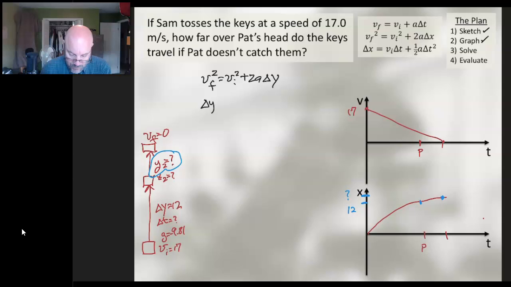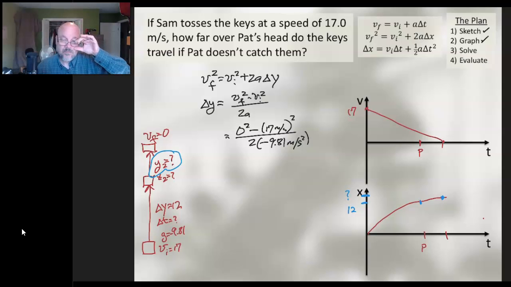So our delta y is going to be v final squared minus v initial squared, over 2a. Let's get some numbers in this. The final velocity is going to be 0. We're starting off at 17 meters per second, divided by 2 times minus 9.81 meters per second squared.